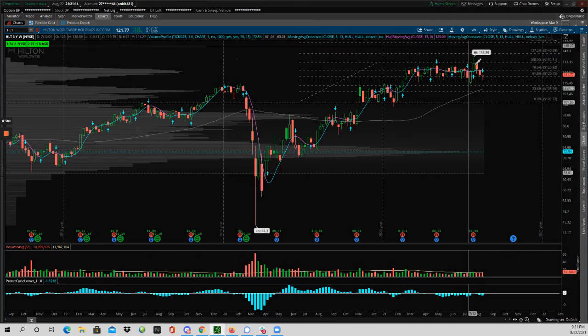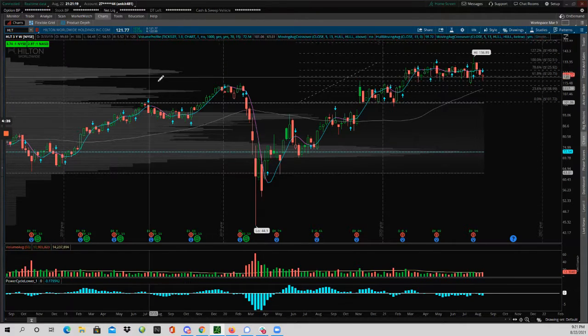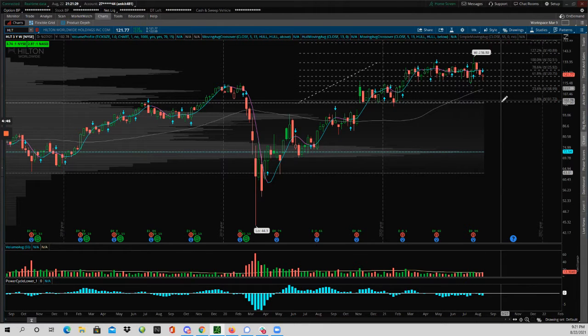If you look at the weekly timeframe, again, the price is consolidating, or ranging, and forming a high volume node in the volume profile, which is a really big determiner for me to even consider a stock for trading.